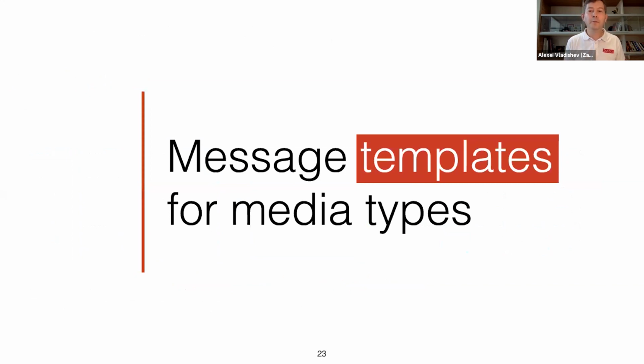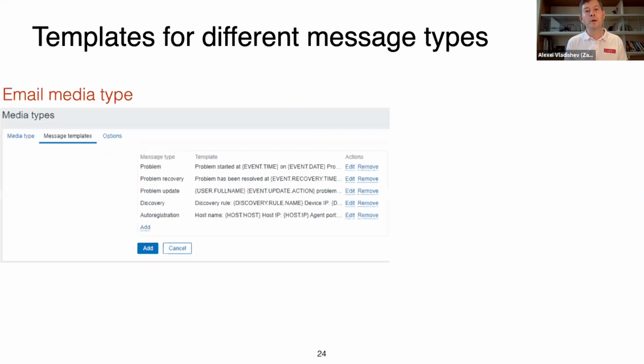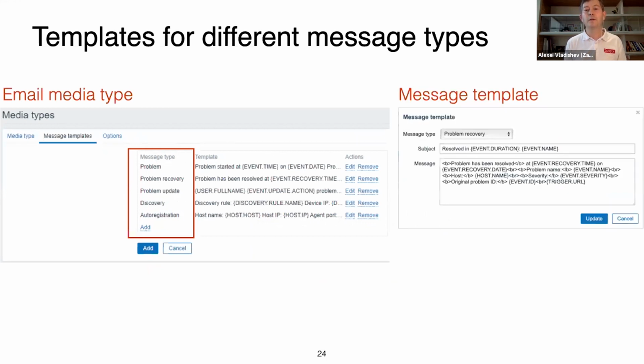Another very nice usability improvement, and it really makes monitoring and alerting much more simple, is support of message templates for media types. So now, when you define a media type like email or integration with Slack or Telegram or PagerDuty, whatever, you may define message templates on a media type level. So different types of messages would have different templates.